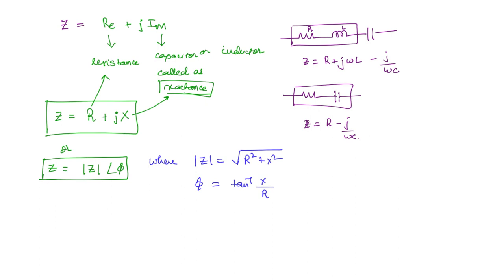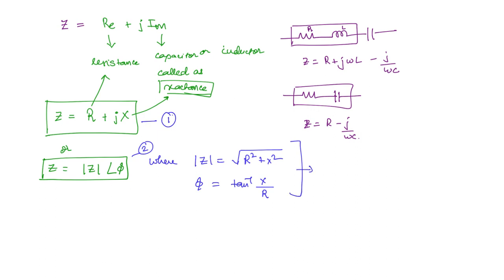So if you know the resistance and the reactance, then you will get the magnitude and phase form. Then if you want the opposite direction, that means you have this, then how to get the resistance and the reactance values? We will take this as form 1 and this as form 2.